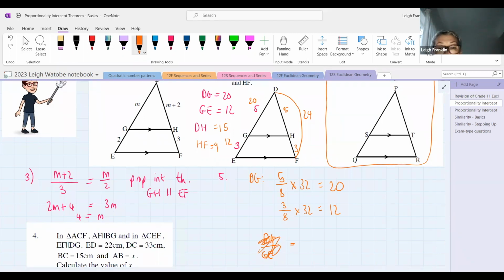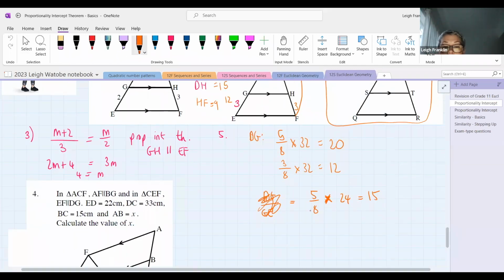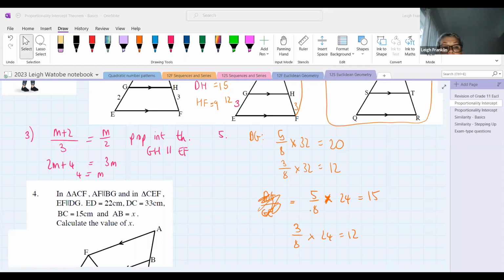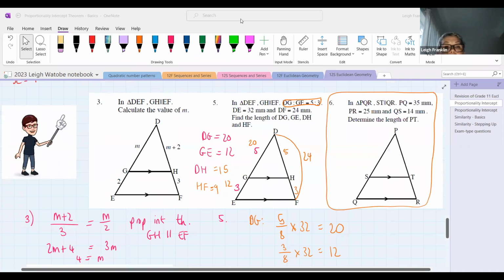So 5/8 of 24 is where 15 comes from, and similarly, 3/8 of 24 is where the 12 comes from. So this is actually sharing in a given ratio. That's okay. It's also good to sometimes have to struggle with something. So don't feel put off by that.